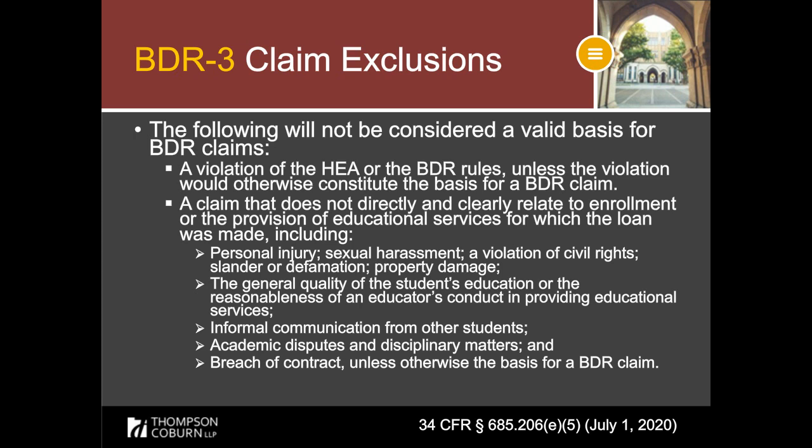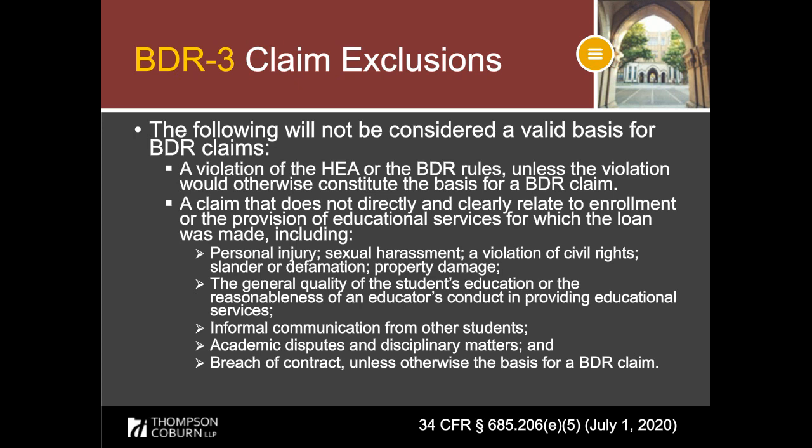The department's saying no. You can't highlight a violation of the HEA or some other procedural piece under the borrower defense rules as a basis for a borrower defense discharge, unless you can otherwise show that that violation would constitute the basis for a BDR claim. What does that mean? Well, wait a minute. What if in the program review the department hit you because they said you were guilty of a misrepresentation?